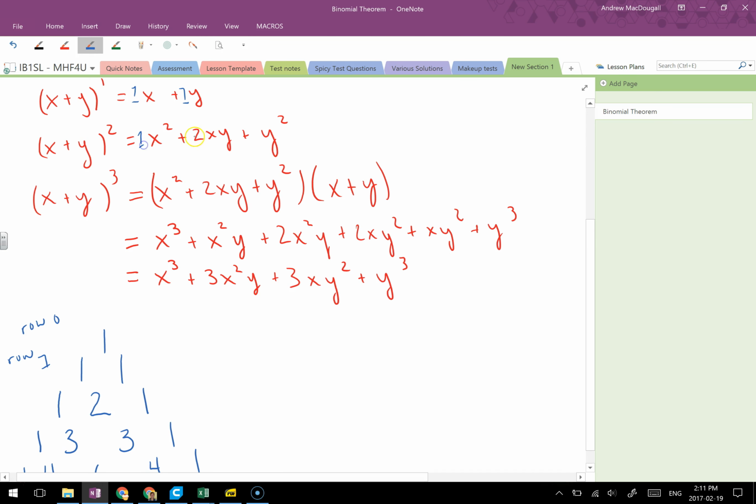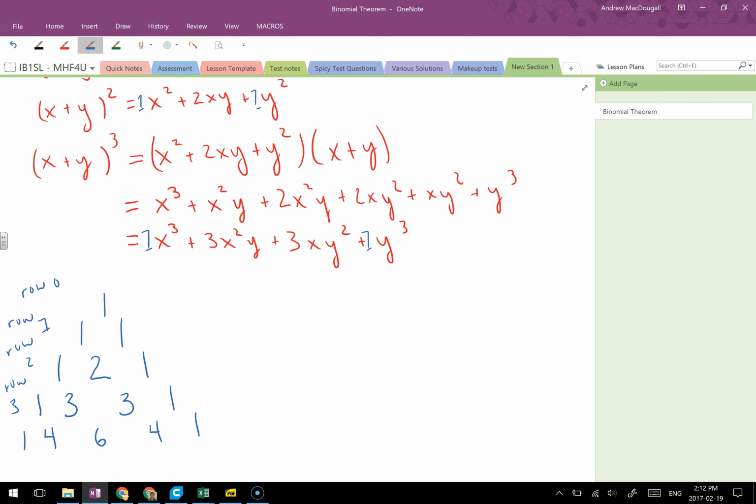And if we compare to row 3, 1, 3, 3, 1, that's the same as row 3 in our triangle. So the coefficients in a binomial expansion are the elements in that row of Pascal's triangle, the row corresponding to the power of the expansion, which is completely amazing, but it works. And we can talk about why it works in class.